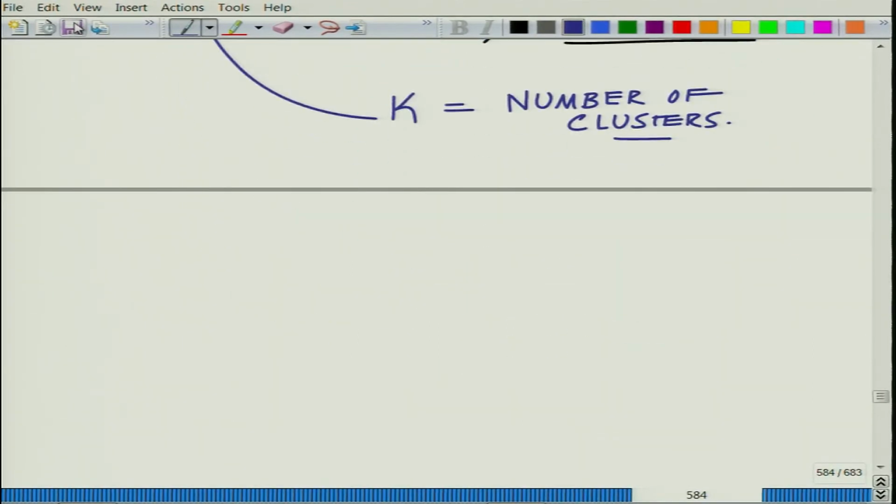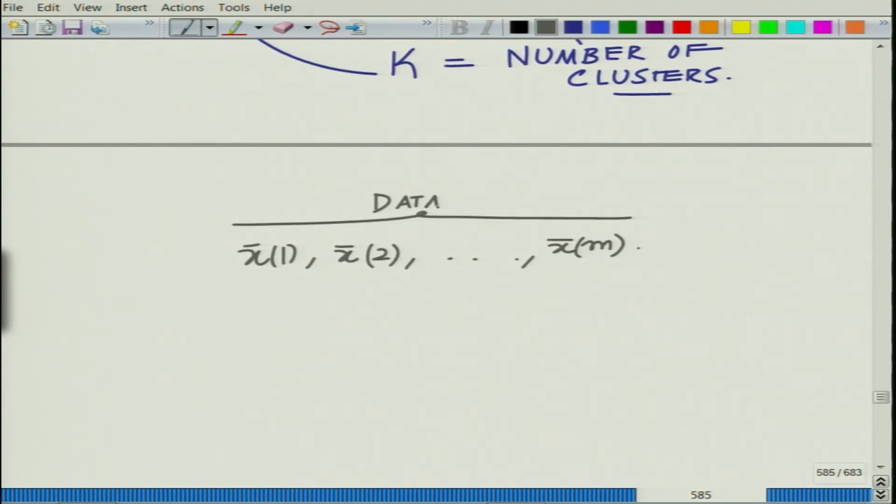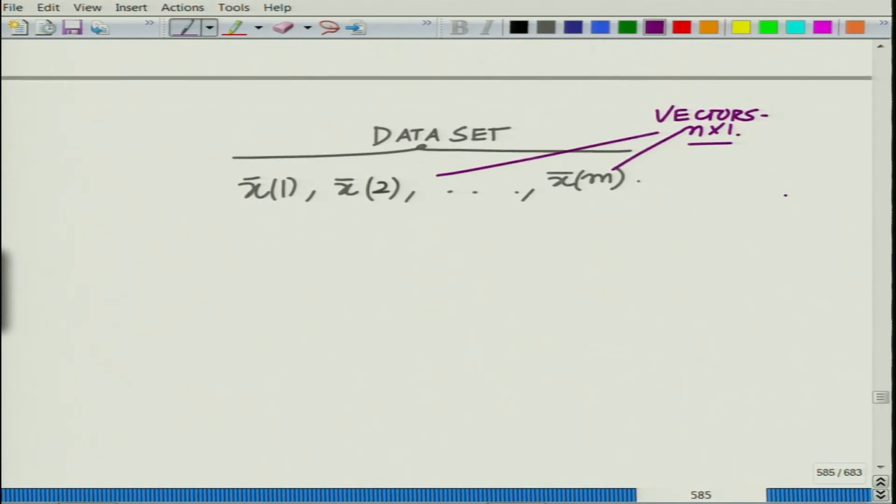Now, how does this k-means algorithm proceed? You have these data points x1 bar, x2 bar, up to xm bar. These are your data set, these are your data vectors, let us say n-dimensional vectors.